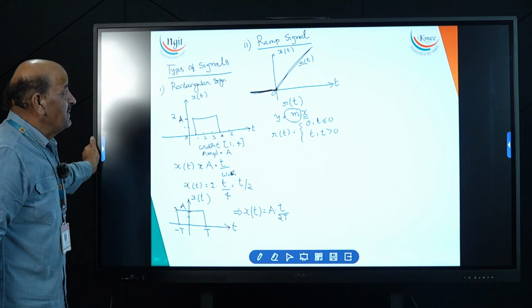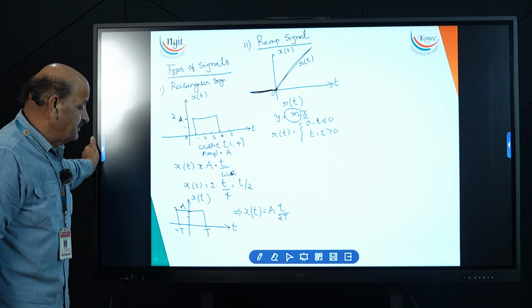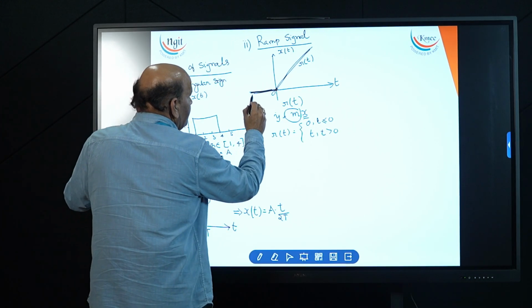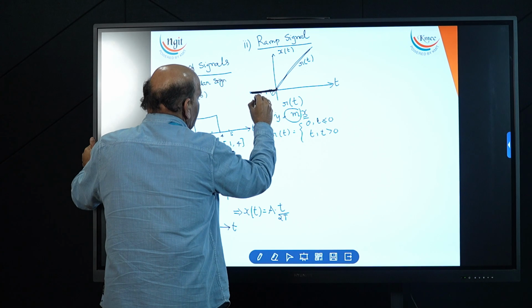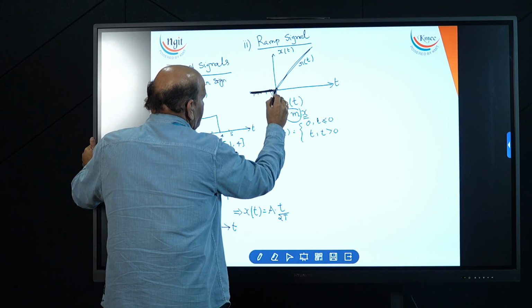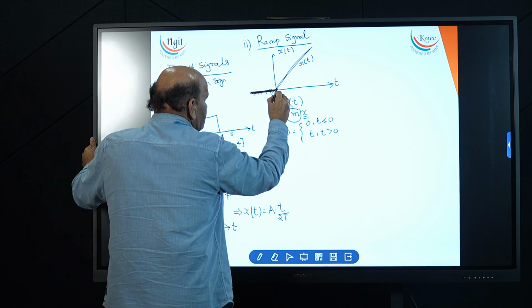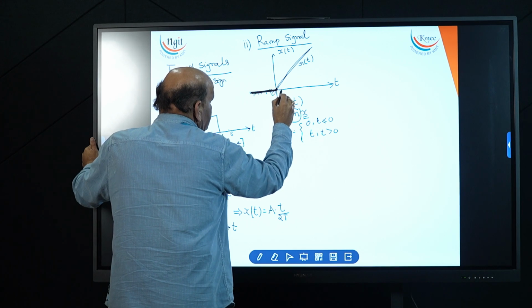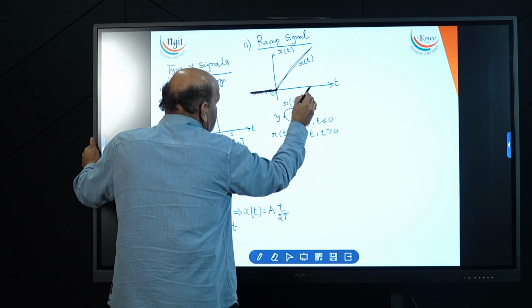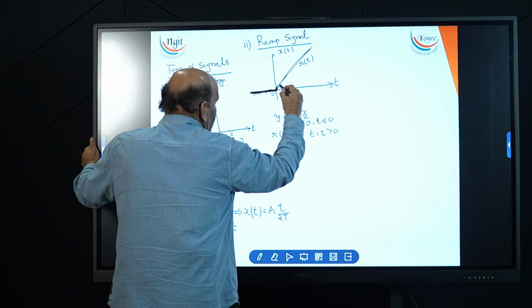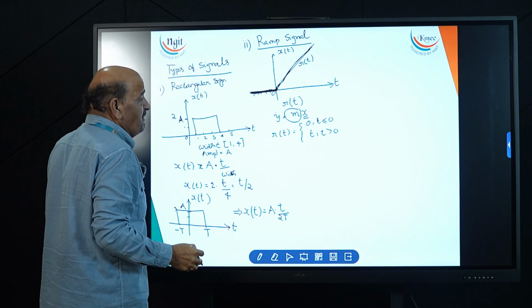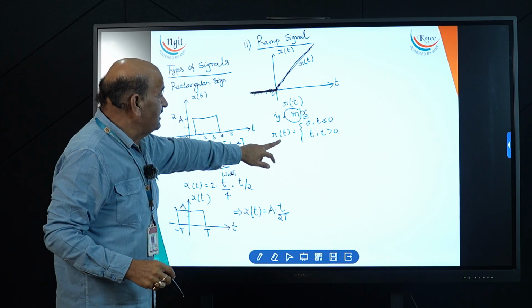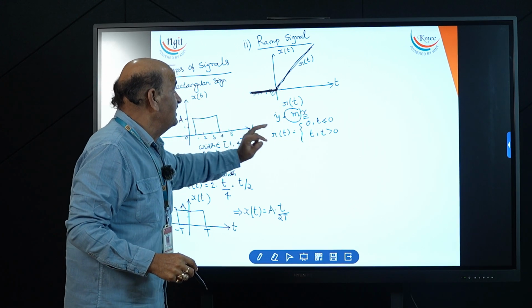Now look at the mathematical representation of the ramp signal. For all values up to 0, it is 0. But whenever t is increasing on the positive axis, correspondingly it is also increasing linearly like this. That is called the ramp signal. This is the mathematical representation of the ramp signal.